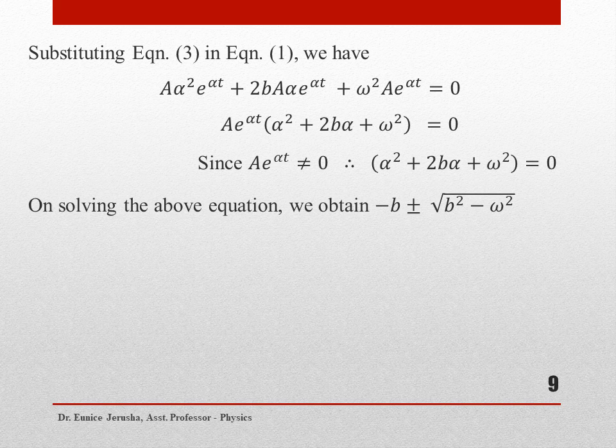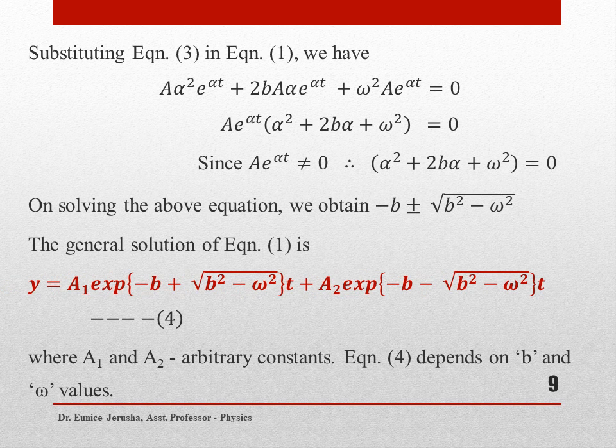On solving this, we obtain the roots to be minus b plus or minus square root of b square minus omega square. On substitution of these two roots in our solution of equation 1, we have small y, the displacement, to be a1 e power minus b plus square root of b square minus omega square t, plus a2 e power minus b minus square root of b square minus omega square t.